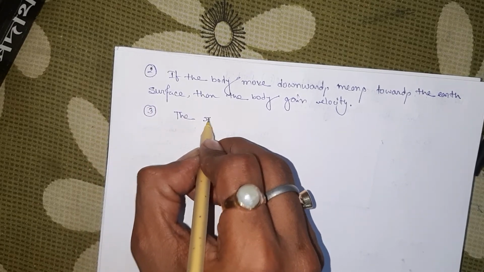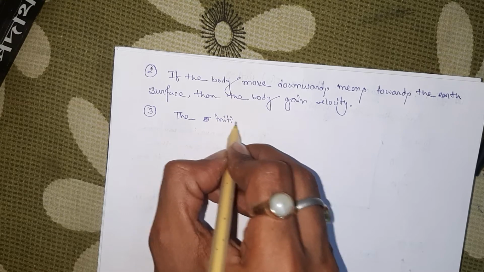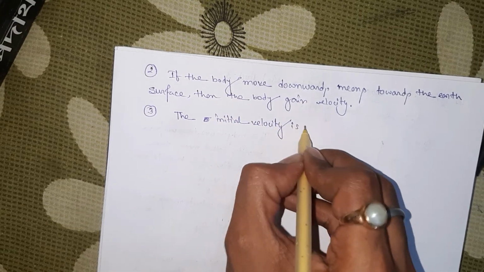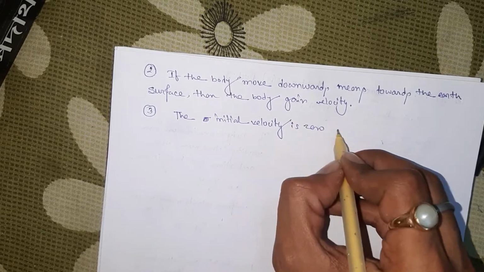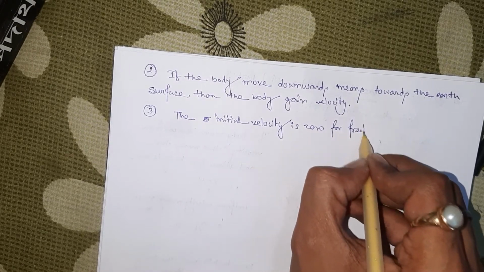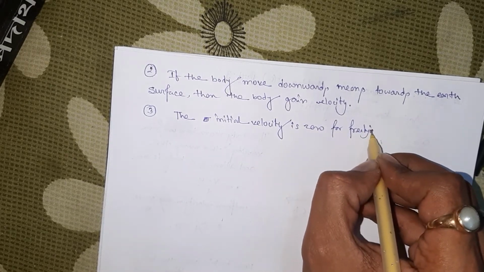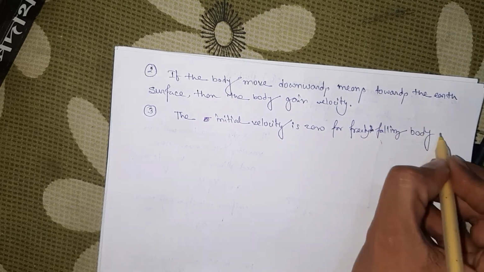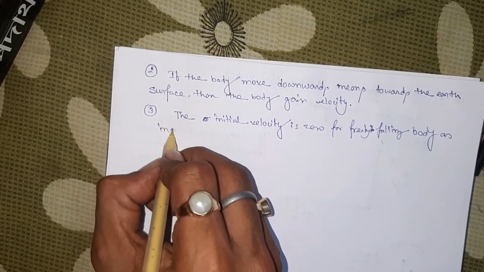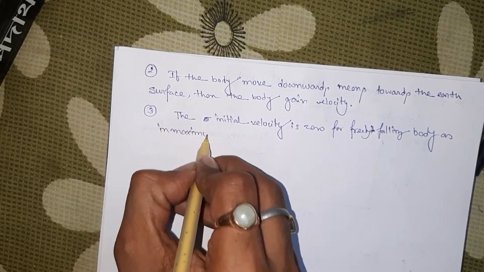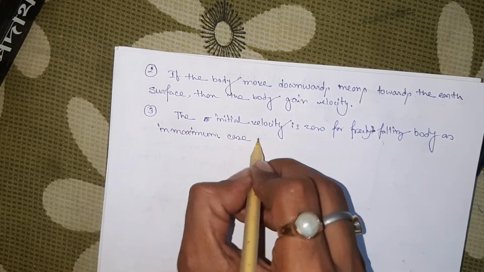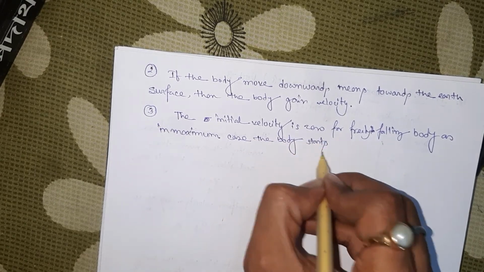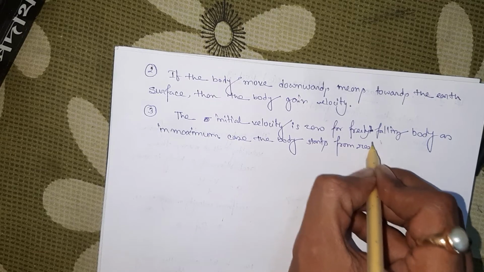The initial velocity is 0 for freely falling body, as in maximum case the body starts from rest.